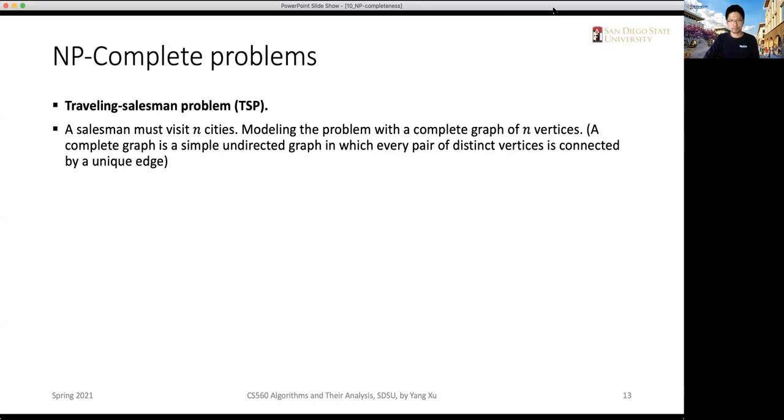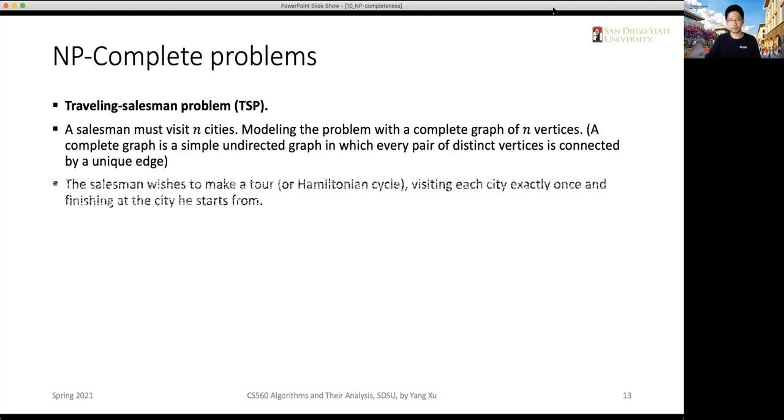A complete graph is a graph where every pair of vertices is connected by a unique edge. So in this scenario, it's like any two cities on a map have a direct flight, and the salesman can go directly from one city to any other city.